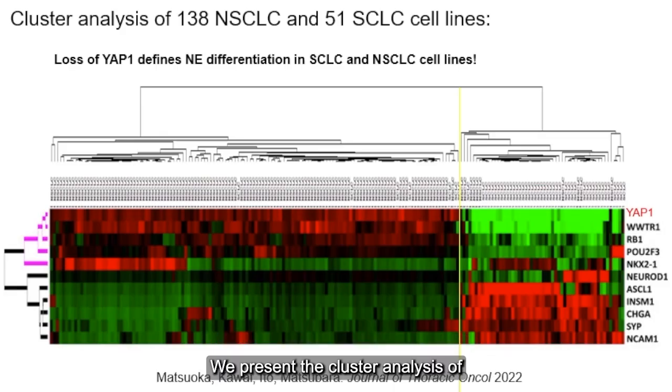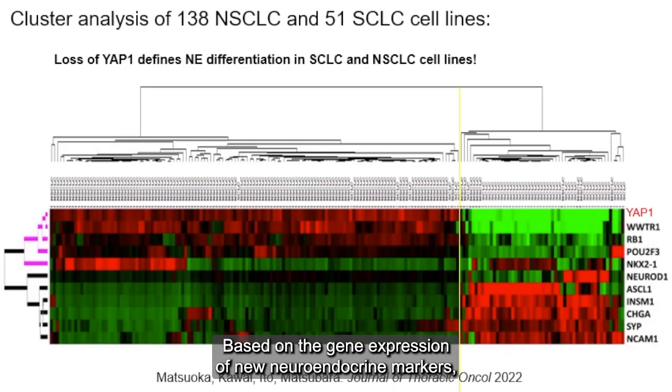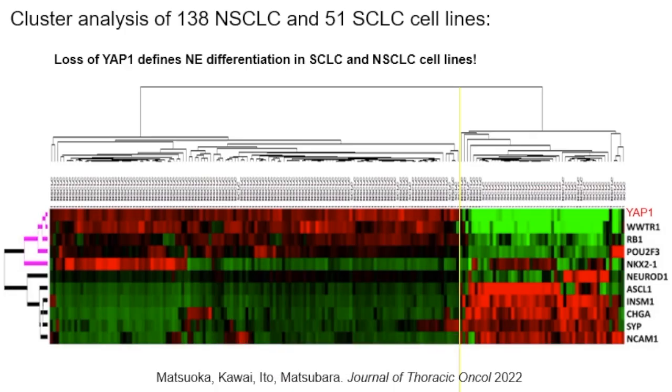We present the cluster analysis of 188 lung cancer cell lines, including 137 NSCLC cell lines and 51 SCLC cell lines, based on the gene expression of neuroendocrine markers, including chromogranin A, synaptophysin, NCAM1, INSM1, TTF1, and POU2F3, and Hippo pathway effectors, including YAP1 and WWTR1.